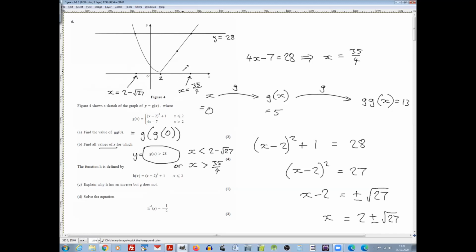The inverse would have more than one, because it would be a direct result of this having more than one x value for one y value. So when you switch that round, you would have that situation, which is illegal. So the short answer is that g is not one-to-one.